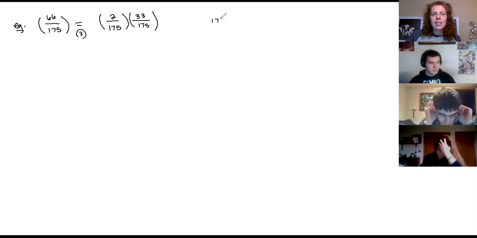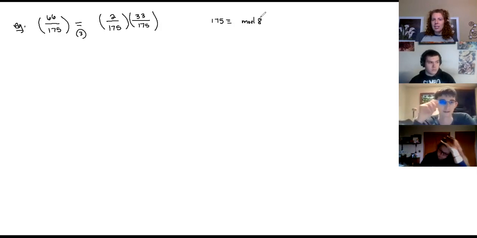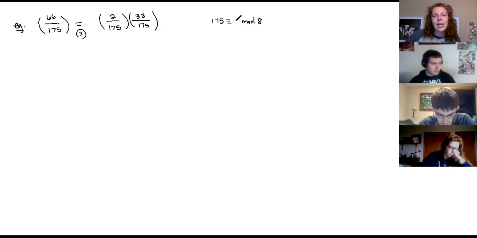So 175 is congruent to what mod 8? Do that quick. It should be congruent to 7 mod 8, and that isn't the way we're writing it for the Jacobi symbol. We want to do -1.